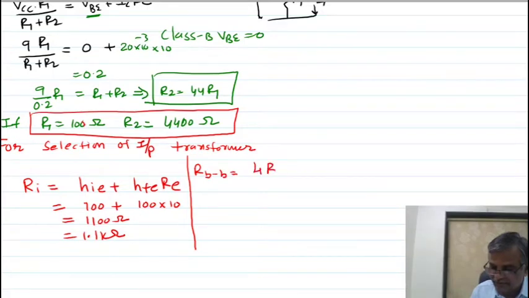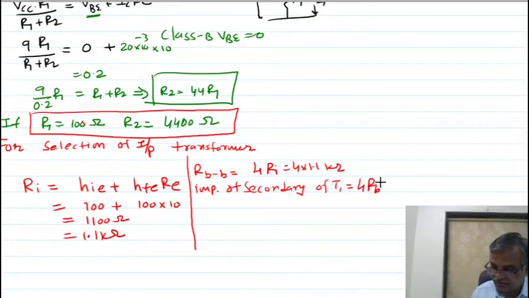So it is 4 into 1.1 kilo ohm. Therefore I can write the impedance of the secondary of TI is nothing but RBB, which is 4 RI, nothing but 4.4 kilo ohm.